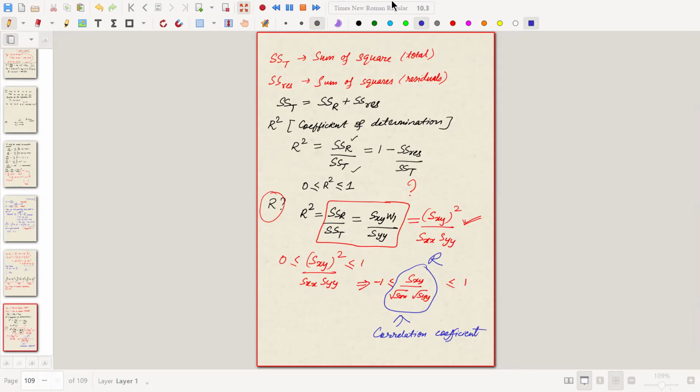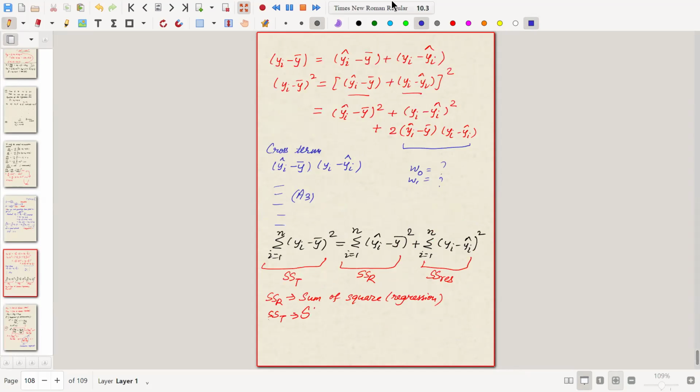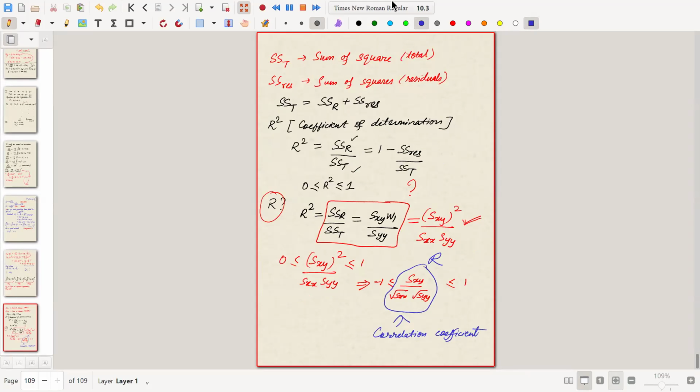So we discussed that SST, the sum of square total, equals the sum of square regression plus the sum of square residual. Yes, we got this quantity. Then we defined R2 to be SSR by SST. SSR, SST, SSRes, all these things you can calculate.